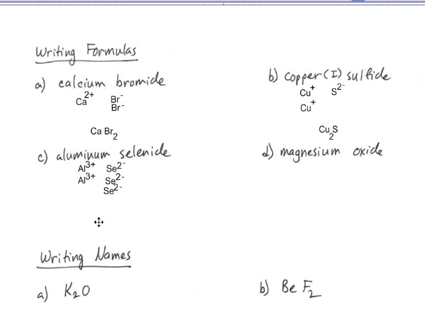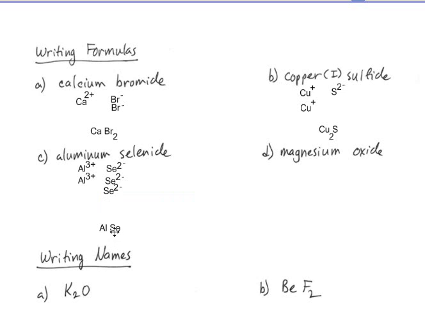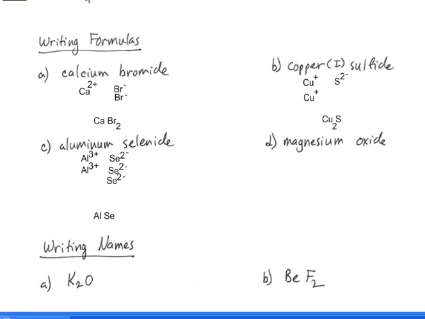So the formula for aluminum selenide would be, well, once again, in the final formulas, if you look up here, we don't have charges. Basically, you just have the atoms or the ions and how many of each. So here, it's not a 1-to-1 ratio.